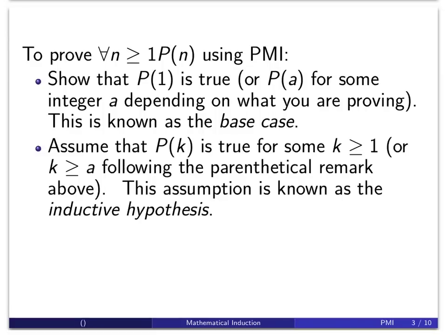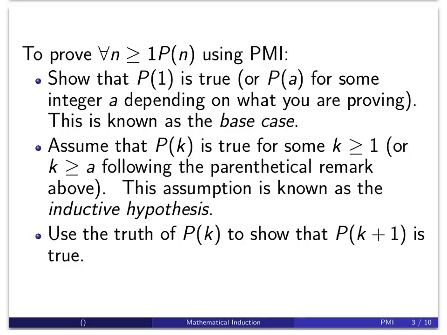Next, we're going to assume that our statement P of k is true for some k greater than or equal to 1, which is our starting value. If I was using a as my starting value, I would assume that P of k is true for some k greater than or equal to a. This is what's known as the inductive hypothesis. We say it's the hypothesis because a hypothesis is something that we assume to be true, and so we're assuming that P of k is true.